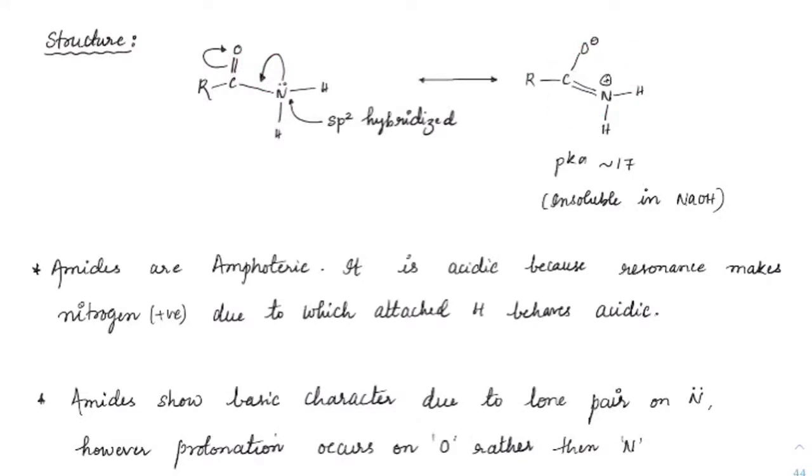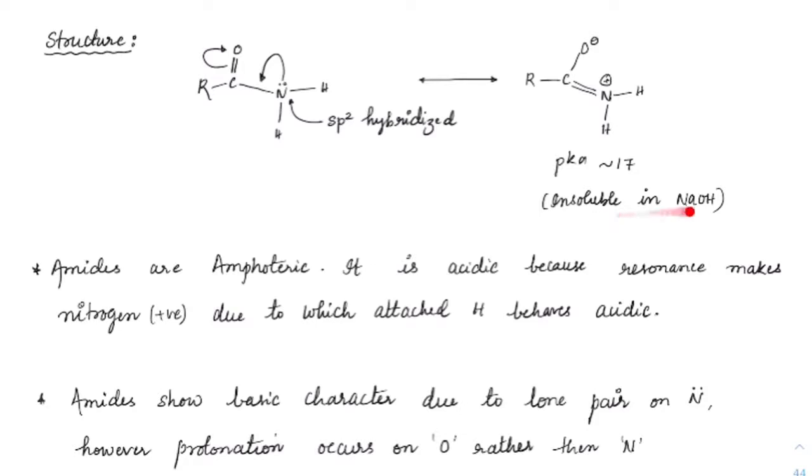So I can say these two are the canonical forms of amide. And the pKa value, because nitrogen now has a positive charge on it, means these hydrogens become quite acidic. The pKa value is 17, which is very close to water. So it would have a similar behavior like water, which means it will have more neutral or amphoteric properties.